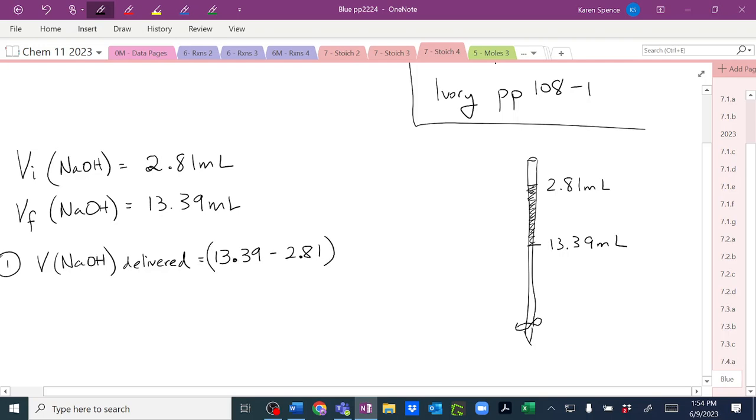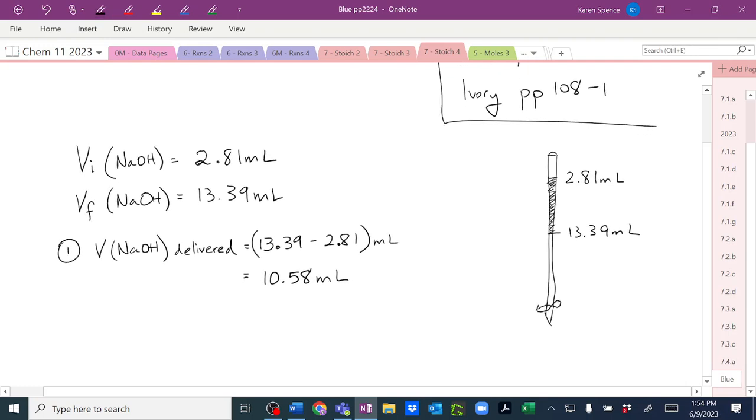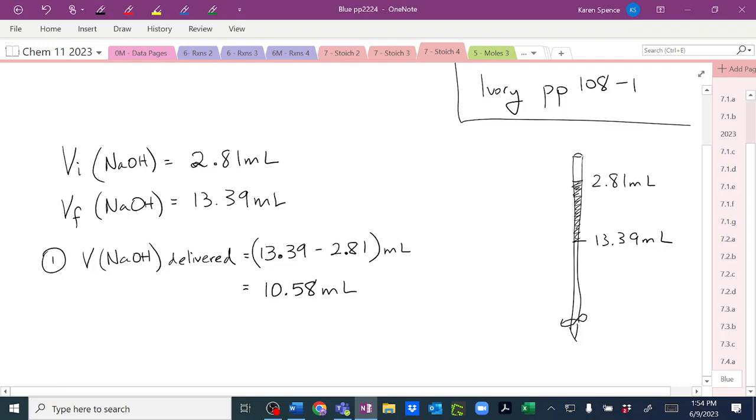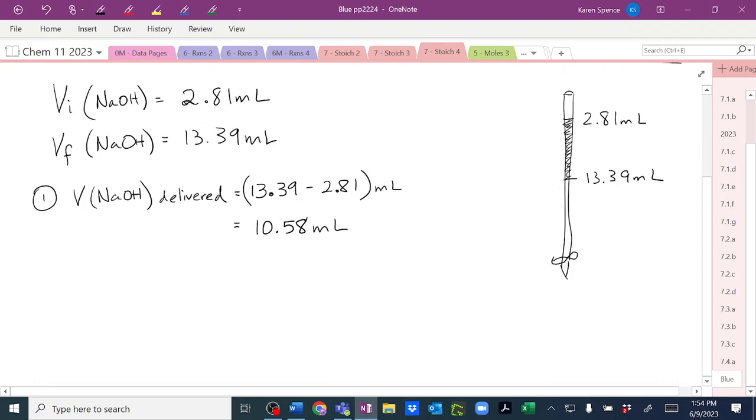Because I'm too lazy to write milliliters twice, I'm going to write milliliters on the outside of my brackets. We get 13.39 minus 2.81 is 10.58 milliliters. So that was question number 1.